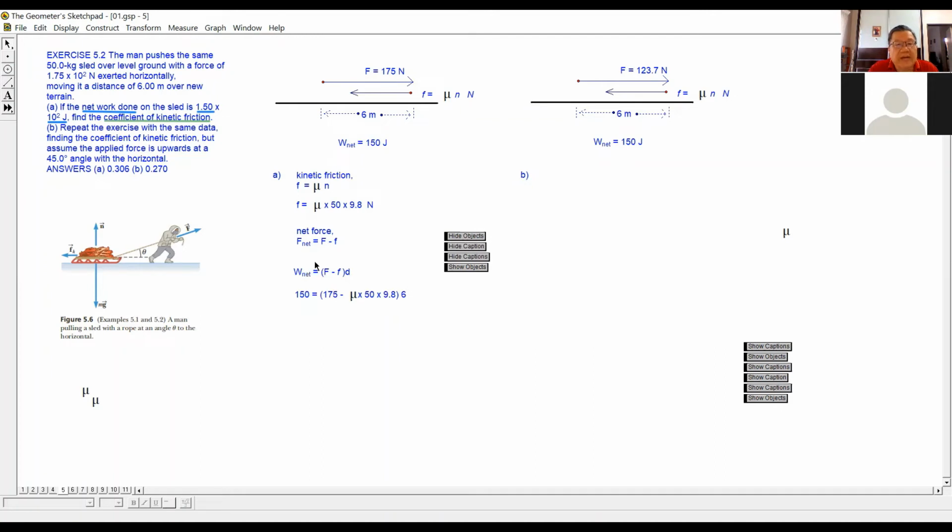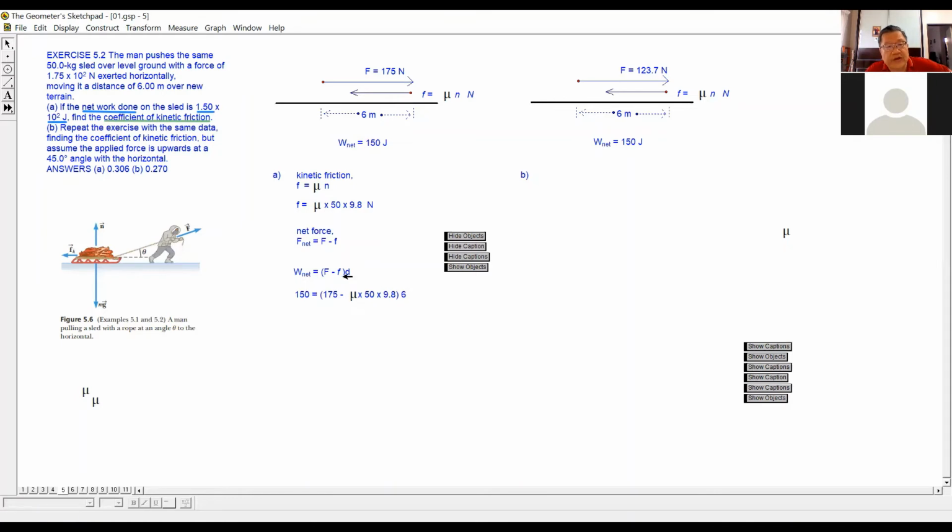The net work done is this net force multiplied with the distance. Now this is the formula that we are going to use. The net work done is the net force multiplied with the distance moved. We are going to relate the net work done with the two forces here. How to relate them?